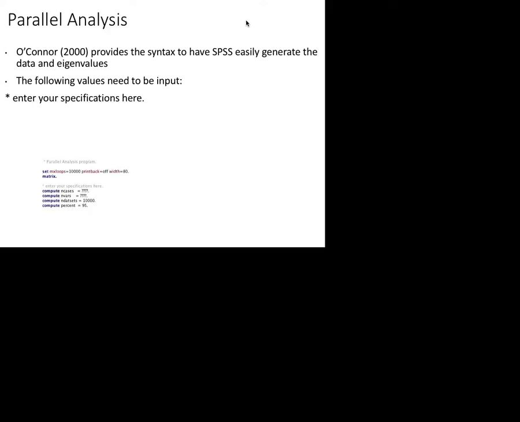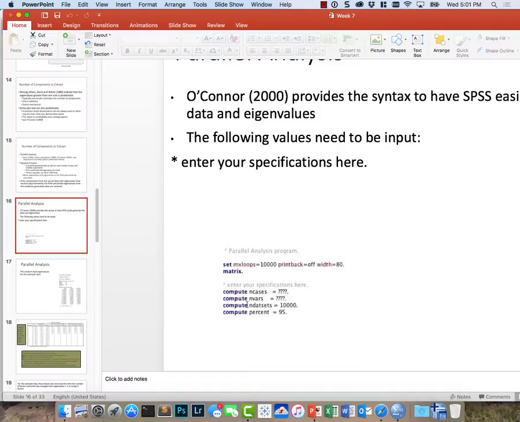But we just need to tell it how many cases, how tall is our data, and then the number of variables, how wide is our data. When you open up the syntax file, it will look just like this. It'll be question mark, question mark, question mark, question mark, looking for your input. You just fill in a number here, fill in a number there, tell it to run, and then it's going to give you some output.